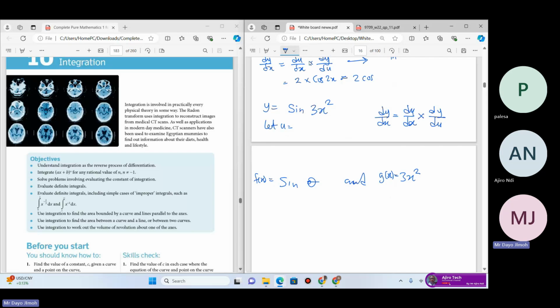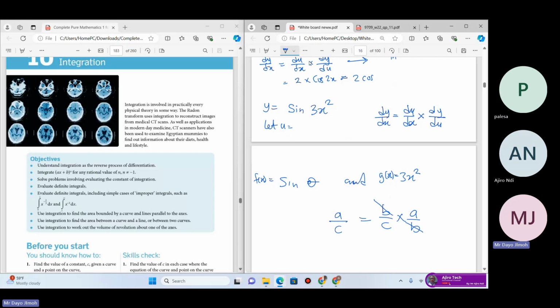Multiply: du/dx times dy/du is my dy/dx. It's like saying a over c is a over b times b over c. You cancel this b, right? Yes.